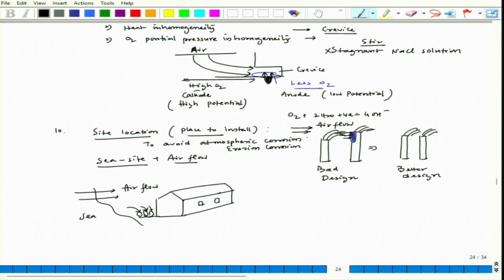Now, we have talked about around 10 guidelines, and these 10 guidelines were taken from the book by Fontana and Greene. There is a book named Corrosion Engineering. At the same time, I have taken help from another book which is written by Professor U.K. Chatterjee, Professor S.K. Bose and Professor S.K. Roy. Those are former professors in the Department of Metallurgical and Materials Engineering, IIT Kharagpur.